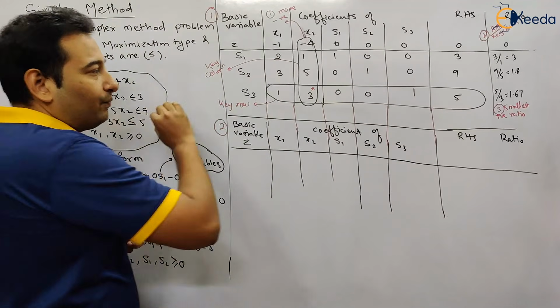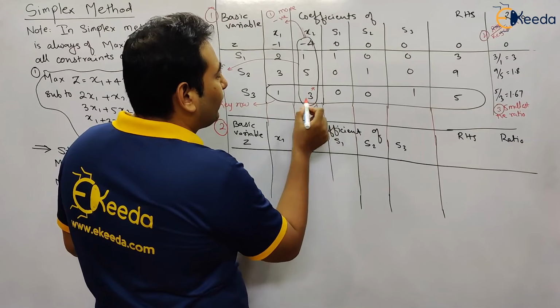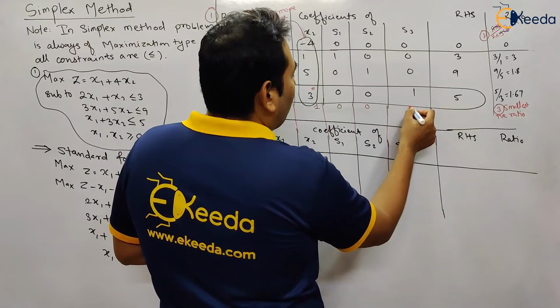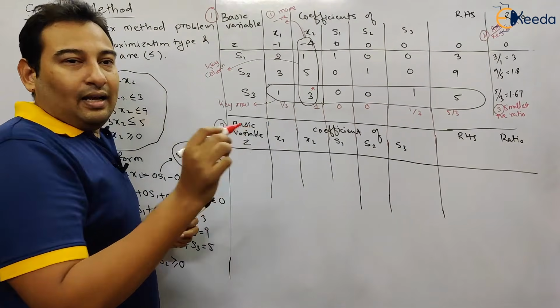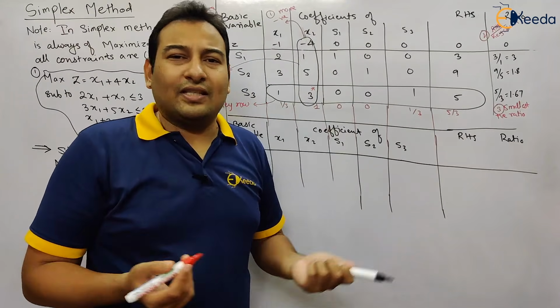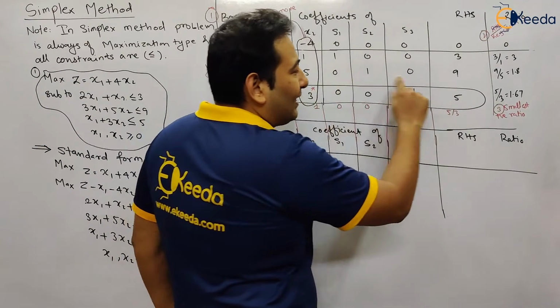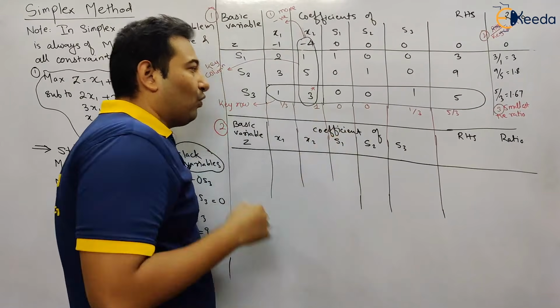So let us divide. If I divide the entire row with 3, here it will be 1, here it will be 1 by 3, here it will be 0, 0, 1 by 3 and 5 by 3. Whatever I am writing with the red pen is rough work that you can write with a pencil. So we divided the entire key row with the key element so that here it will be 1. What next?